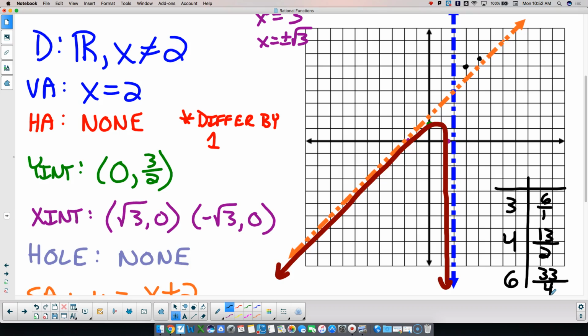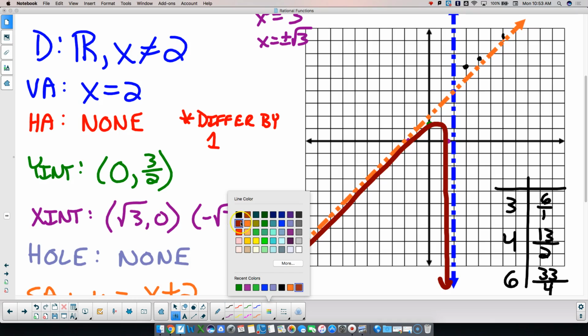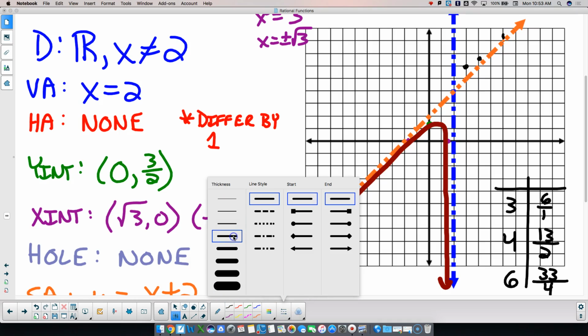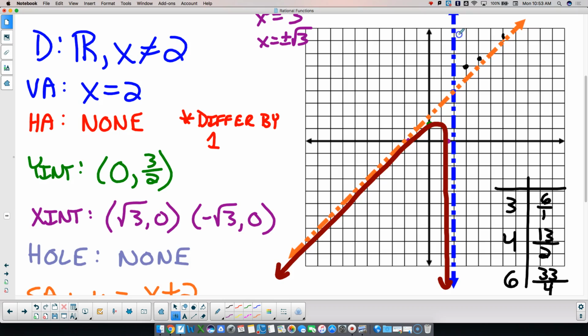That puts me right in there. And there's my function.